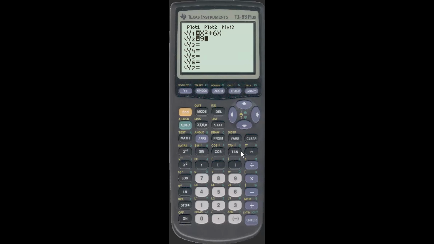Okay. Now, when you hit the graph button, I don't know what's going to appear on yours, but you might see this right here. And if you don't see this, let me know. I can show you how to get there. It's under Zoom. Okay. You have something that looks like this, roughly?